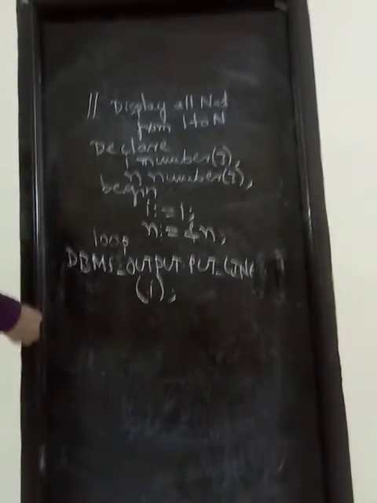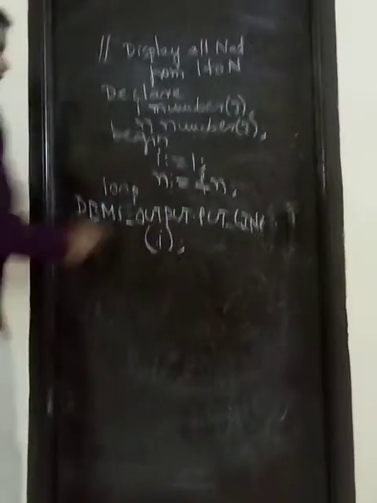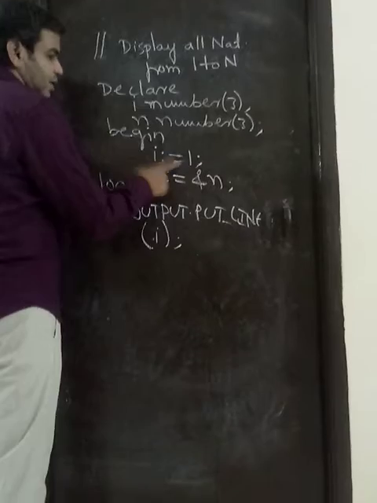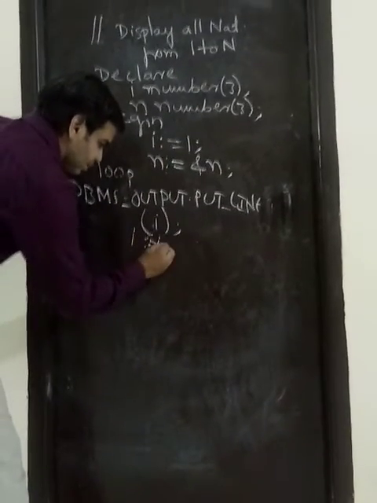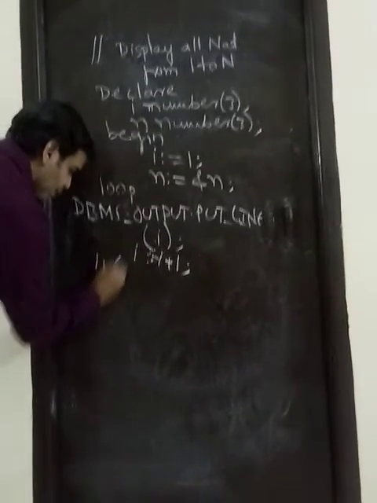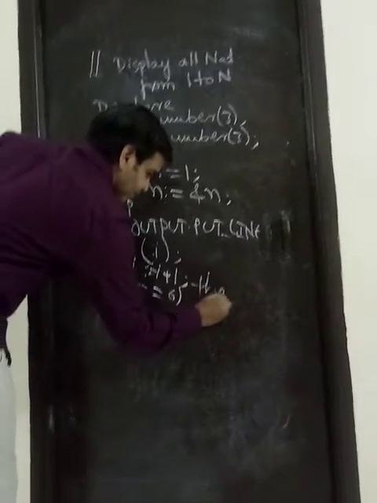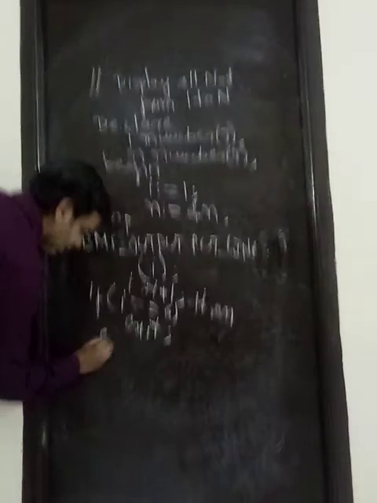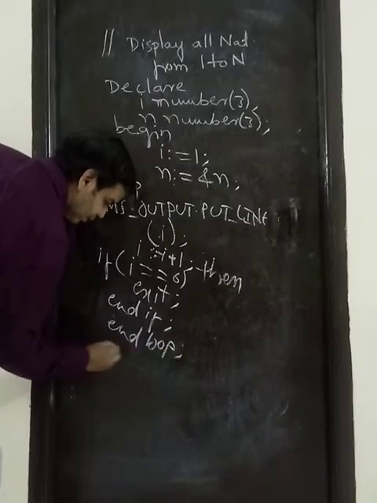After printing, I am incrementing. The plus plus operator is not supported by PL/SQL, and in PL/SQL colon equal is the assignment operator. So i plus plus means i := i + 1. Then condition: if i = 6, then exit. So if is there, end if, and loop is there, end loop, then end.